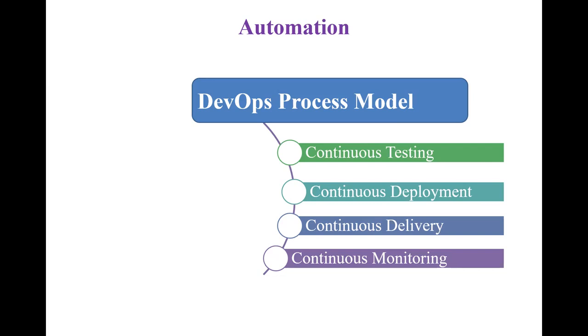In the live environment, if the users have any challenges, maintenance issues, backups, all these things that we need to have, that is monitoring. So testing, deployment, delivery, monitoring, these are all stages which we have in the process model with DevOps.